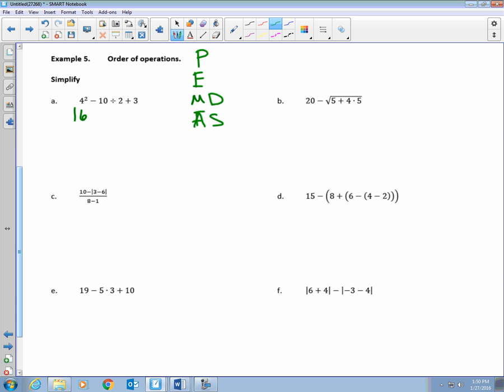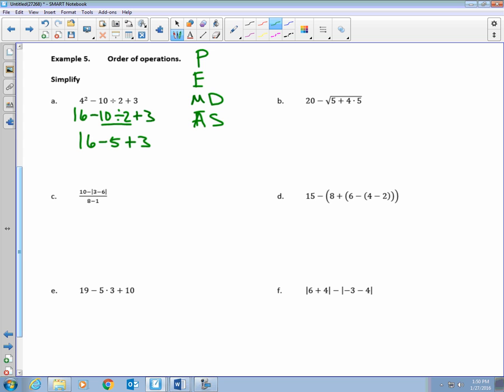16 minus 10 divided by 2 plus 3. What might somebody be tempted to do that they should not do right now? 16 minus 10. Yep. But what do you have to do first? Yes. So 16 minus 5 plus 3.